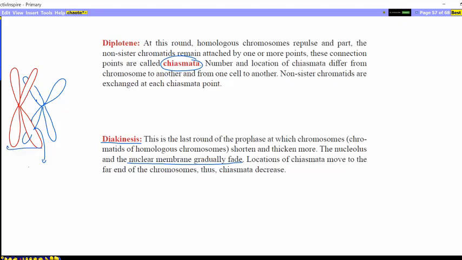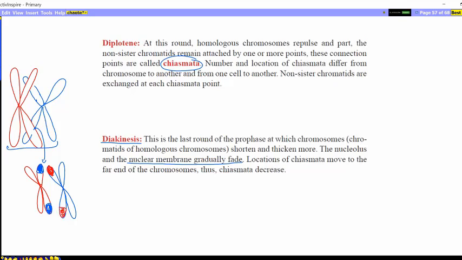Chiasmata decreasing means these 2 chromosomes, connected at one or more points, step by step separate from one another, but they remain close to one another, and only the connection points between them separate. But as they separate, we can identify that some parts are exchanged between these chromosomes, which we call crossing over.